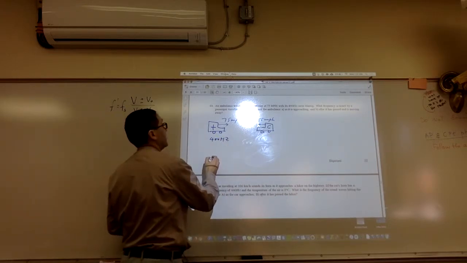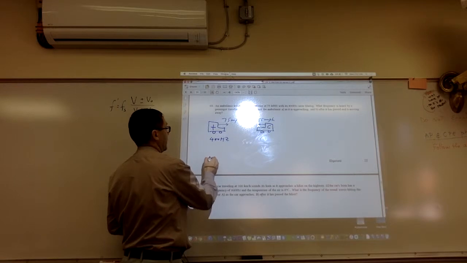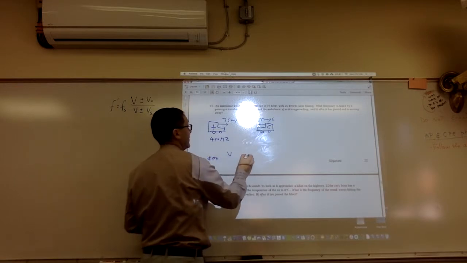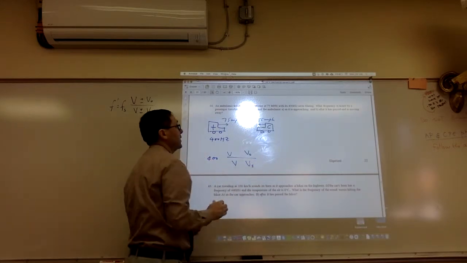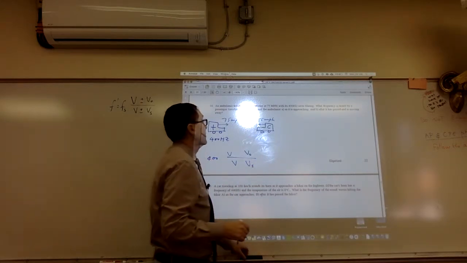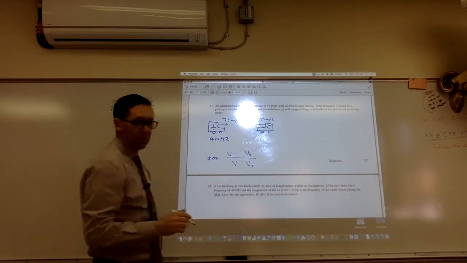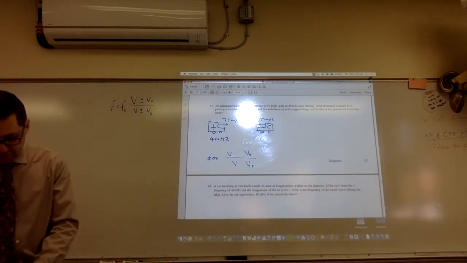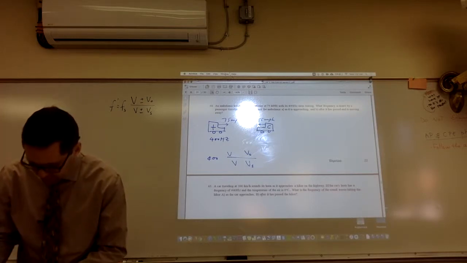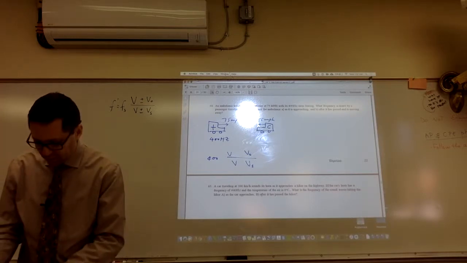And this one is generating a 400 hertz frequency. So again, it's going to be 400, V the observer, V the source. Now we're going to say that it's the speed of sound in the air on this day. I said that the temperature is about 20 degrees. So the speed is about 343 meters per second, roughly.